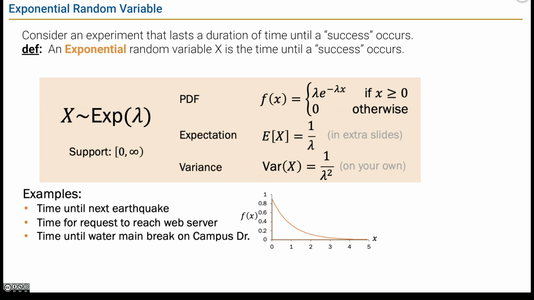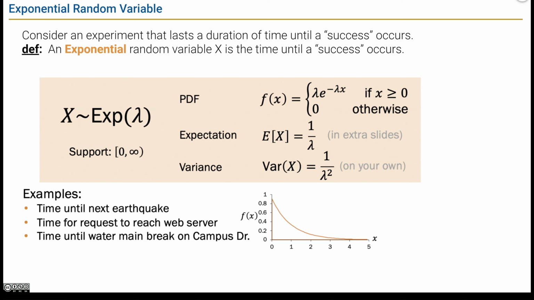It's going to last some duration of time until a success occurs. Just like with Poisson random variables, we're going to assume that successes are independent of one another in terms of when they occur, and that they occur at some constant average rate. That's going to be related to the parameter lambda, which we'll see in the next slide.